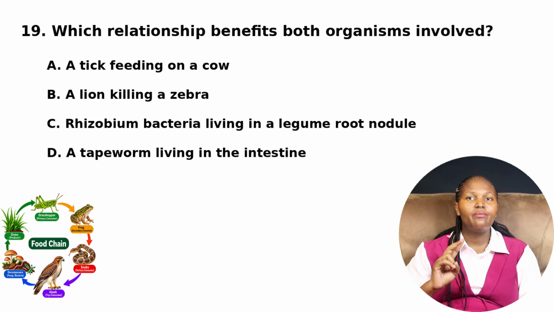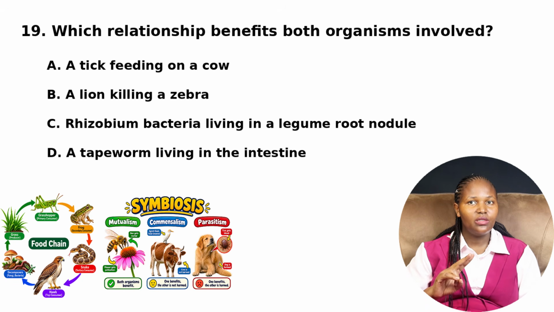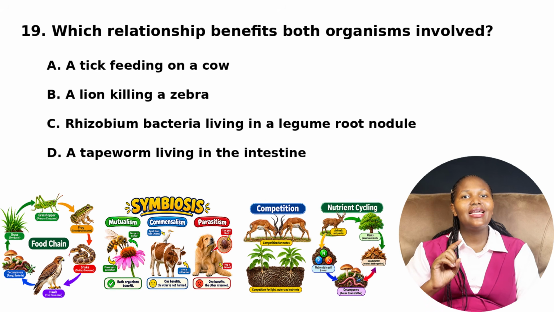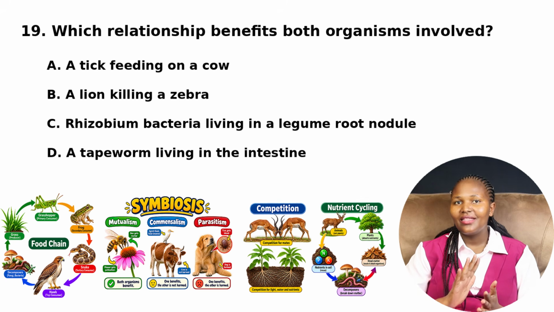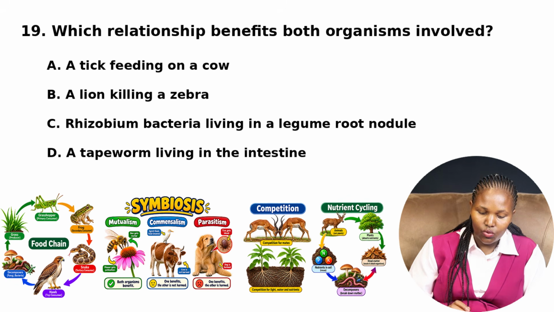Then know about symbiosis, which is also very important. Know about competition and nutrient cycling, which help to show how organisms depend on one another, like in this case. So once you are prepared in those areas, these kinds of questions will be easy for you to tackle.